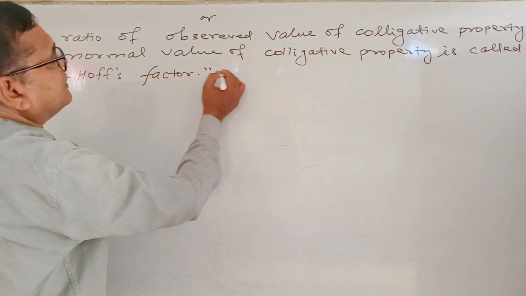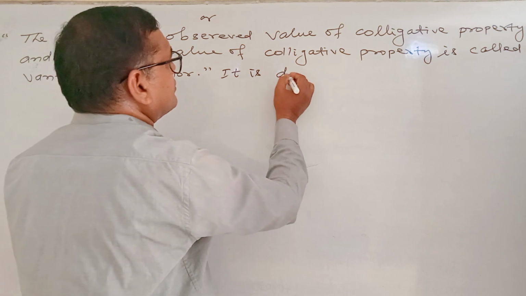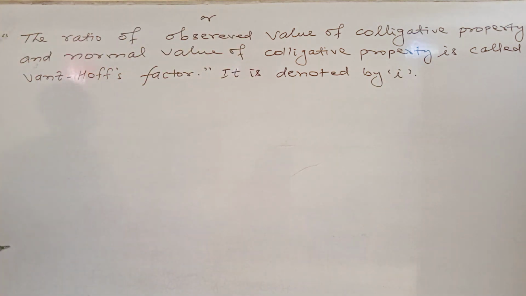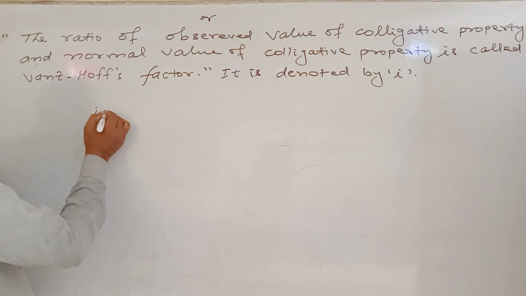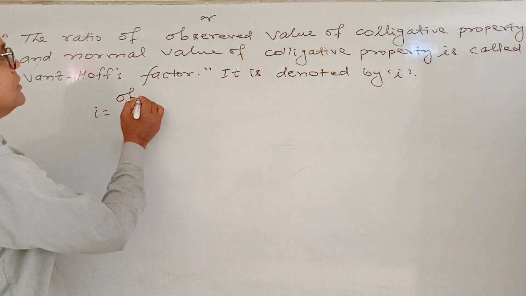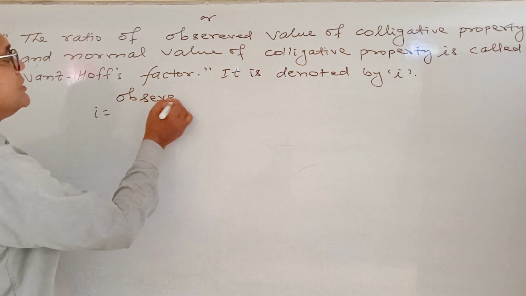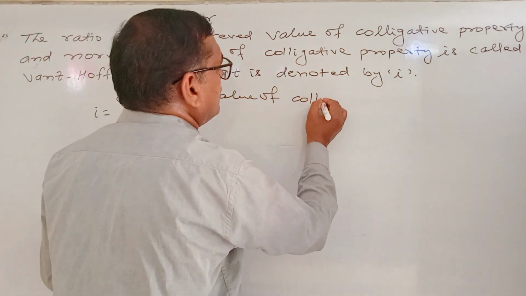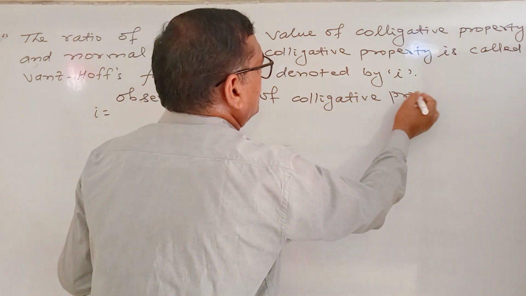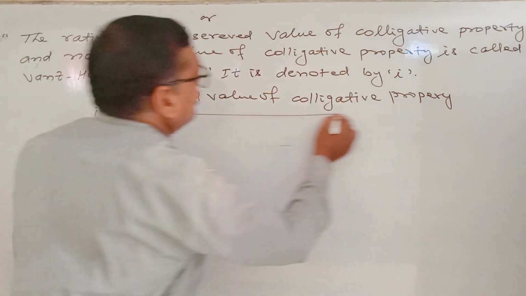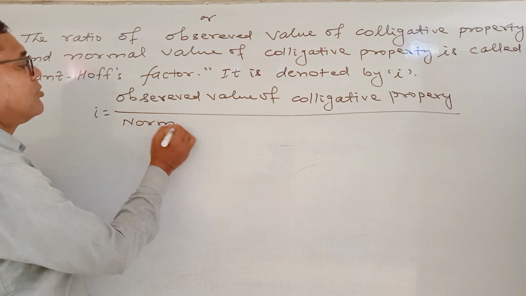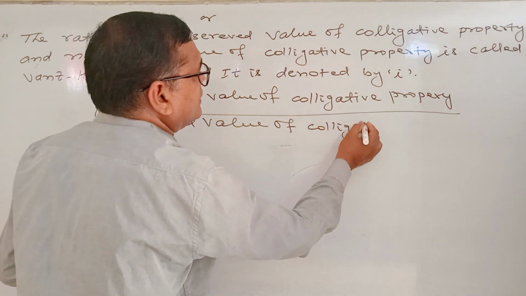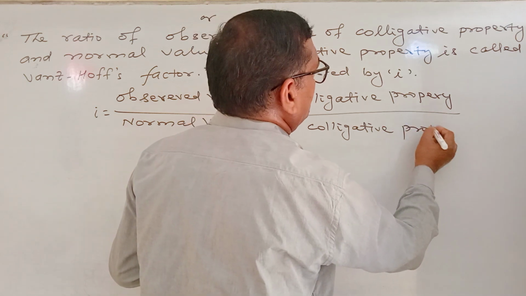It is denoted by i. Now we write the mathematical form: i is equal to observed value of colligative property upon normal value of colligative property.